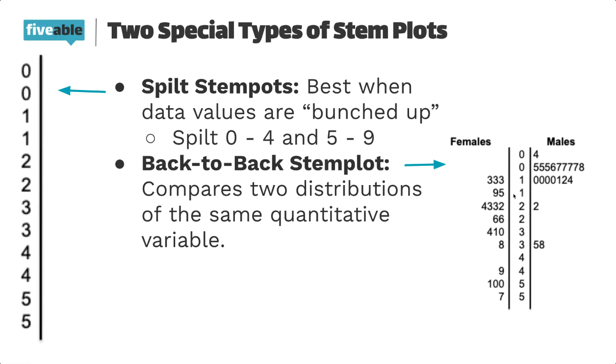So we can clearly see the difference and some key features of the males versus the females when we are describing data. Notice it's still a split stem plot where we have the lower data values on the first one and the higher data values on the second one. Those are stem plots.